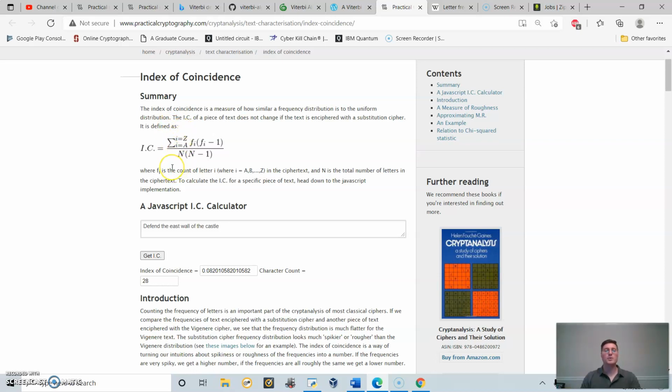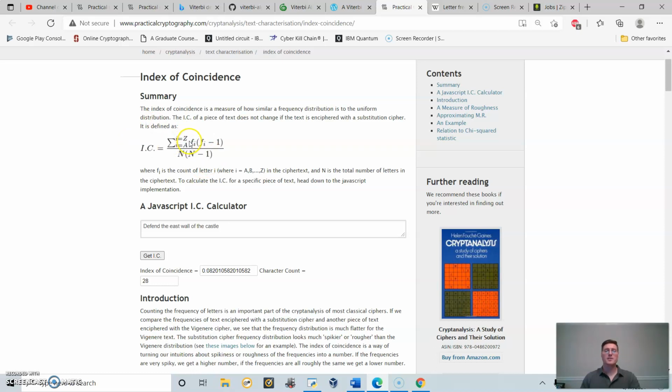We're working with the English alphabet, so we're concerned with A through Z. If you're working with a polysubstitution cipher, you could be working with a larger key span. In this case, we're just going to concern ourselves with ASCII.